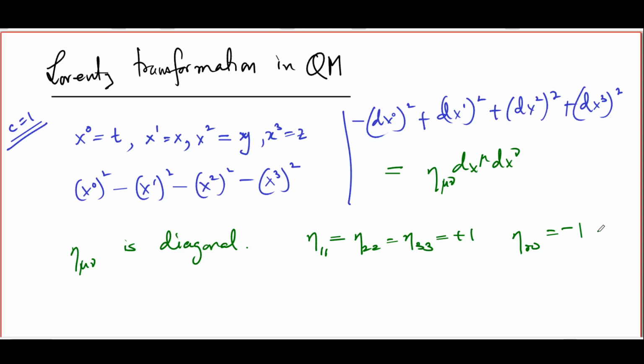The other one, which is often used, is the one in which eta 0 0 is plus 1 and eta 1 1, eta 2 2, eta 3 3 are each equal to minus 1. Of course, if you were to use one convention rather than the other, your invariant interval will pick up an extra minus sign. But if something is an invariant, the same for all inertial observers, then its negative, of course, is also invariant. So there is no contradiction there. You just have to choose one of the two.